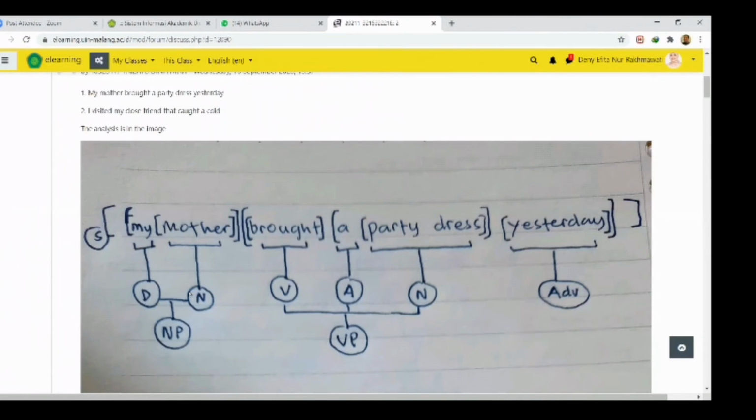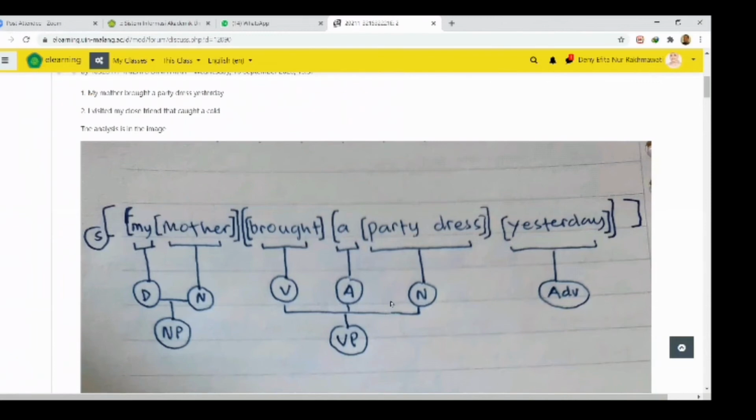When it is a verb phrase, you can substitute with do, does, did. This is the third test.